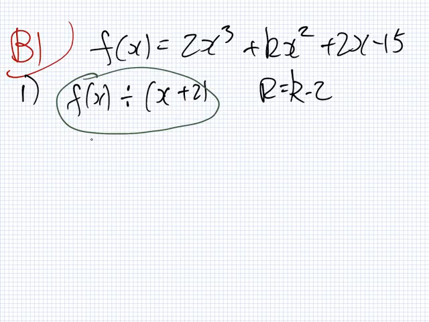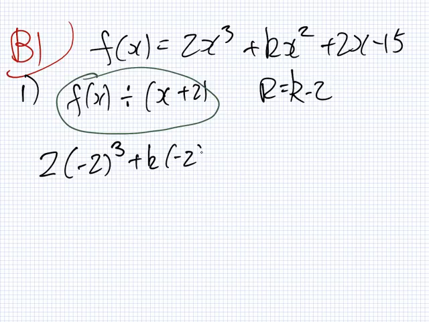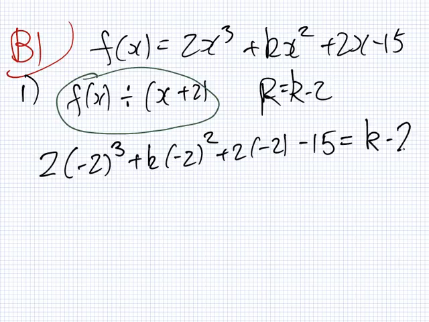Substitute minus 2: 2 times minus 2 cubed plus k times minus 2 squared plus 2 times minus 2 minus 15 equals the remainder, which we're told is k minus 2.